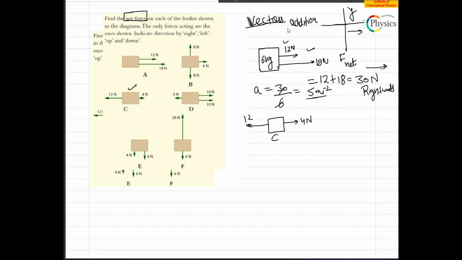The force number one, let's say this is force number one, wants to pull it on the left, right? So I'm going to write it as minus 12 newtons. Reason? Sign convention. If anything is on the x-axis, towards the positive x-axis it's plus, towards the negative x-axis it is minus. So you can see it is on the left hand side, and therefore this is minus 12 newtons.